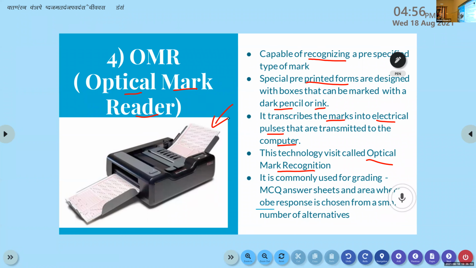Yes. So please do learn the full form of OMR, optical mark reader. It recognizes a pre-specified type of mark. For this, pre-printed forms are designed, isn't it?